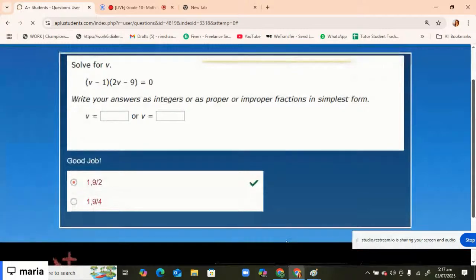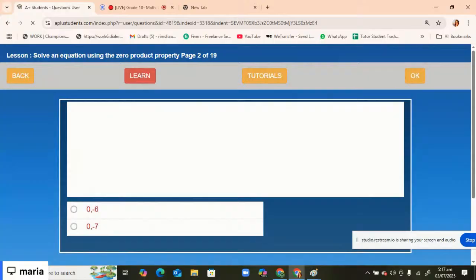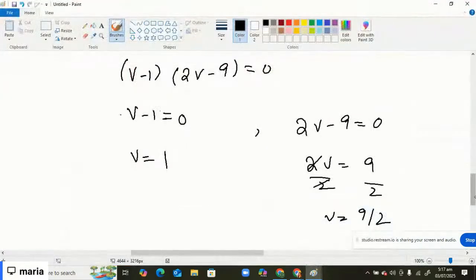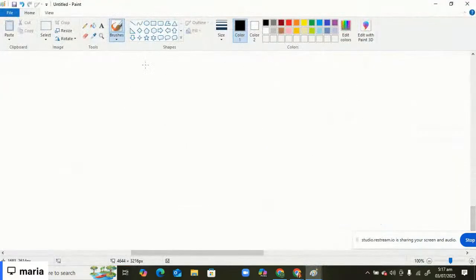All right, now let's discuss the next. Solve for y. 3y(y + 6) is equals to 0. So both separately equals to 0. First of all, we put 3y equals to 0, and then we put y plus 6 is equals to 0.